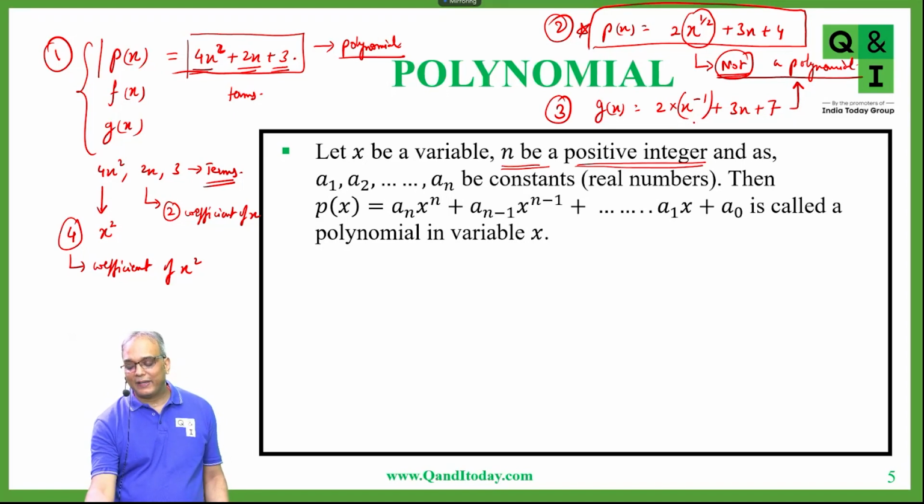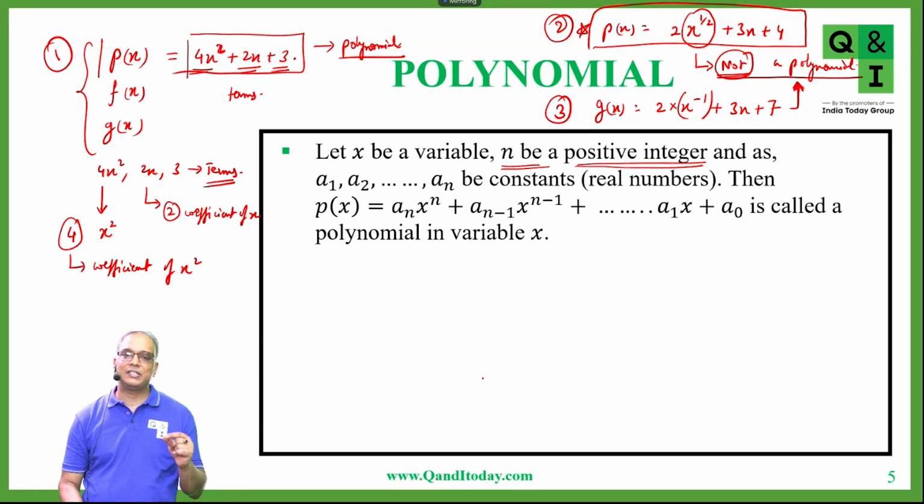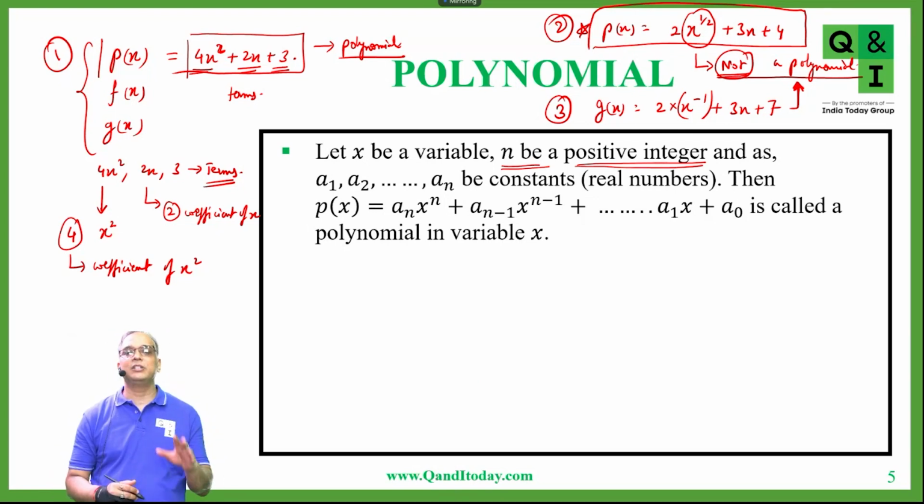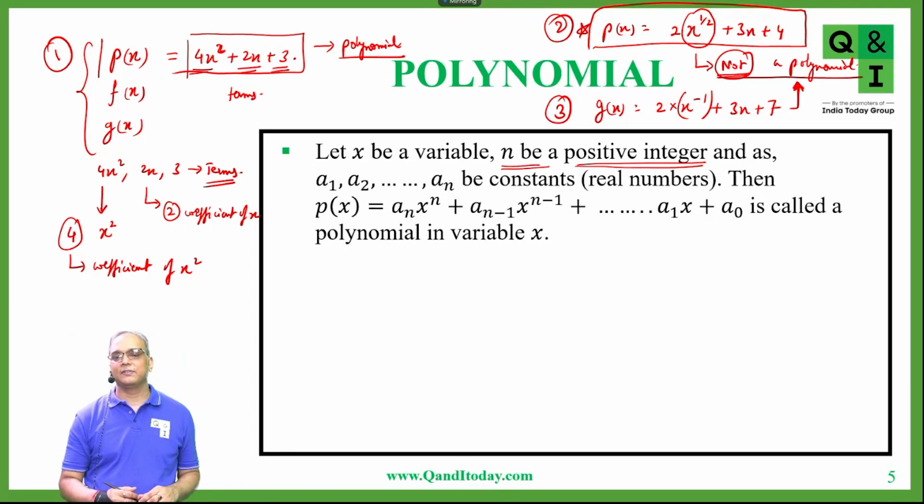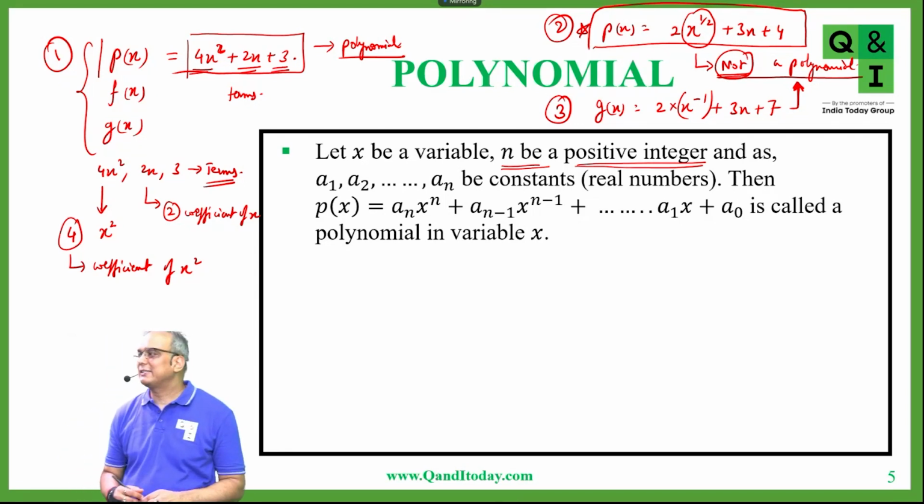So power of x minus 1 means it is not a positive integer. That's why again this algebraic expression is not a polynomial. So for an algebraic expression to be a polynomial, the power of x has to be a positive integer. It cannot be a fraction. It cannot be negative.